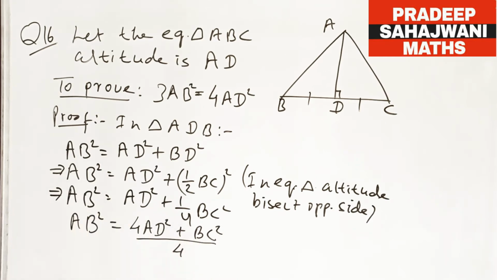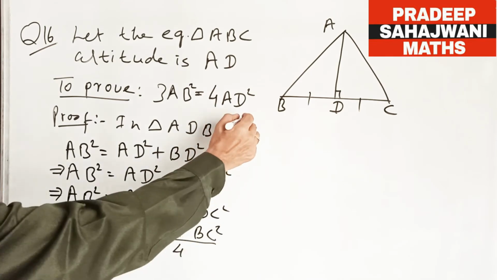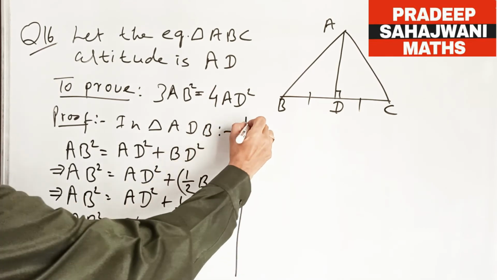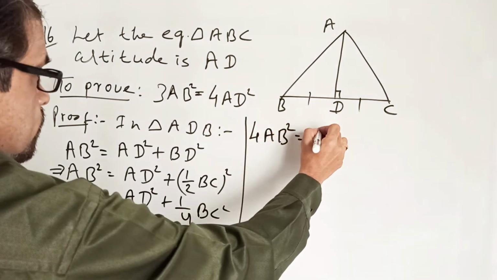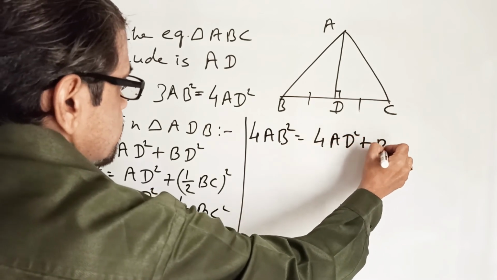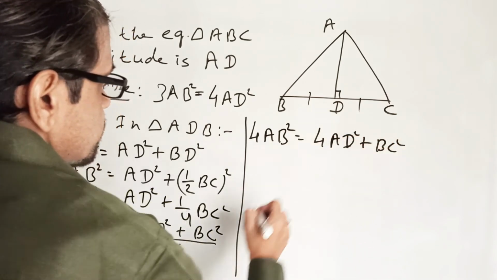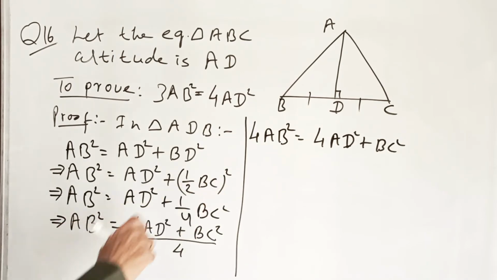Okay students, see it, 4 AD square plus BC square upon 4 is AB square. Now I am erasing this because we have to write this here. Now cross multiplying, after the cross multiplying, this will be 4AB square equals 4AD square plus BC square. Clear? 4 will go this side, 4 into AB square is equal to 4AD square plus BC square.